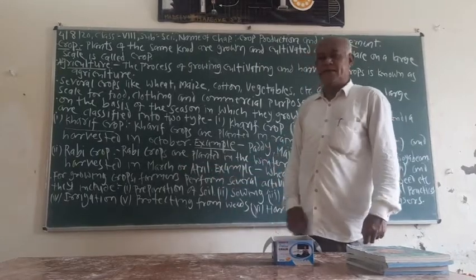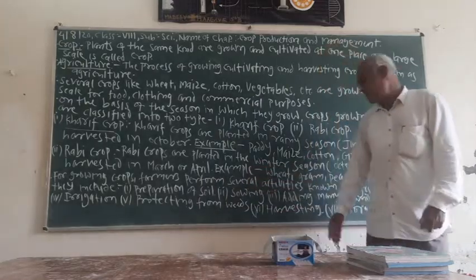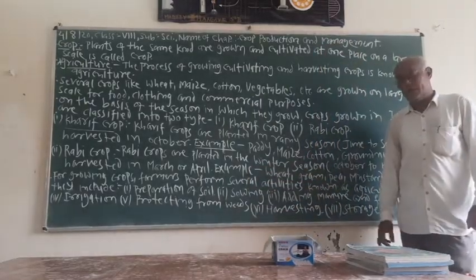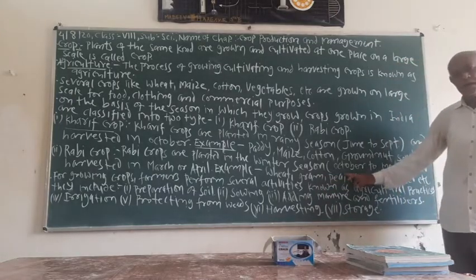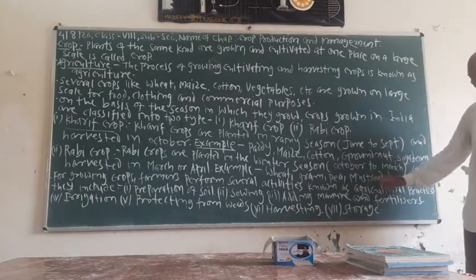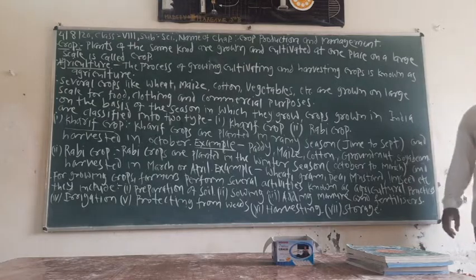These are known as Rabi crops. Examples of Rabi crops are wheat, gram means chana, pea, matar, mustard means rye, and linseed, matlab ursi, etc.